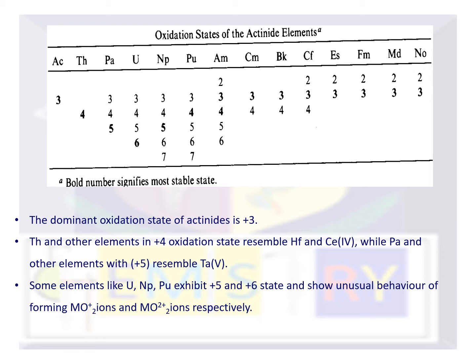Some elements like uranium, neptunium, plutonium exhibit both +5 as well as +6 oxidation states. They will not resemble other ions in the +5 or +6 oxidation state, but they will show an unusual behavior of forming MO2 ions, that is the oxide ions, in the positive univalent and the divalent ions respectively.